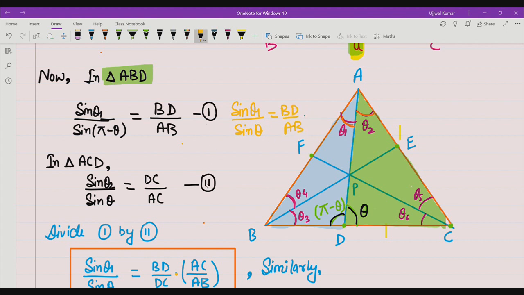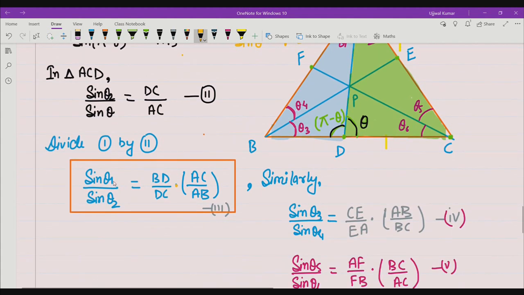Now divide 1 by 2. Sin theta gets cancelled. So we have sin theta 1 upon sin theta 2 equals BD upon DC into AC upon AB. Now this is the result which we are going to observe very closely.